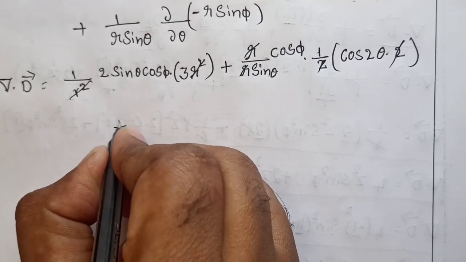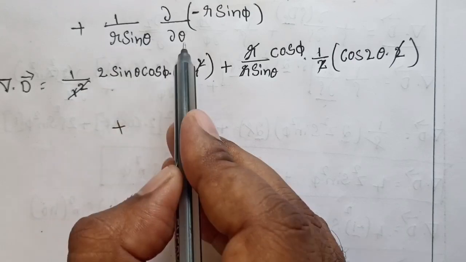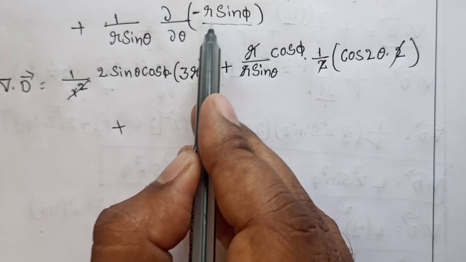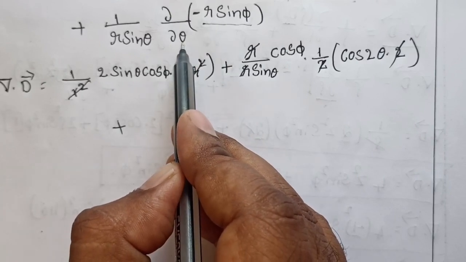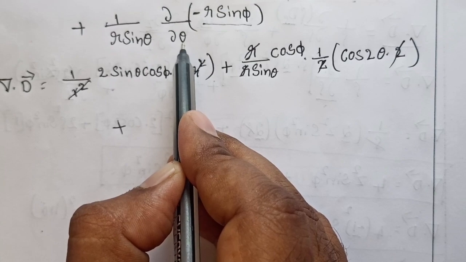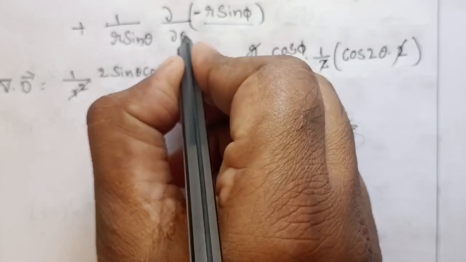Coming to the third term, I'll write 1 by r sin theta as it is, and if you look into this term, the entire thing is constant because we are not differentiating with respect to theta. Sorry, this is phi.